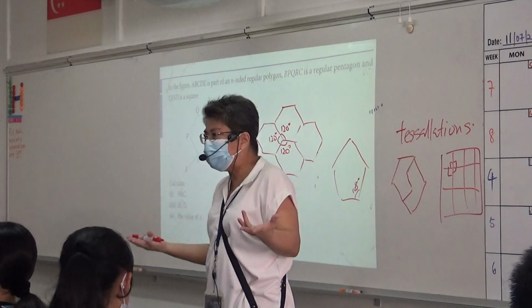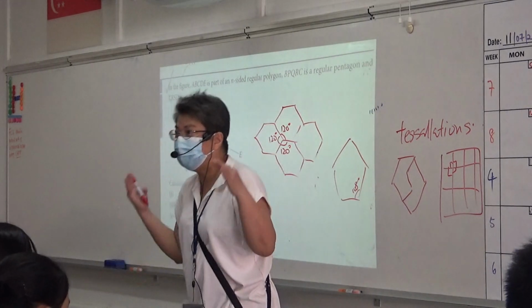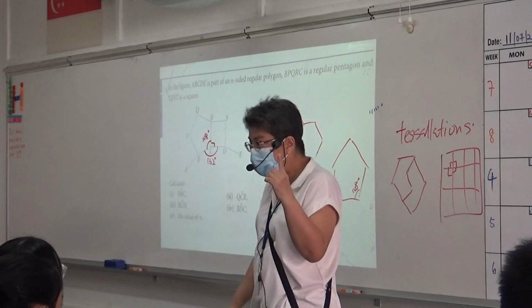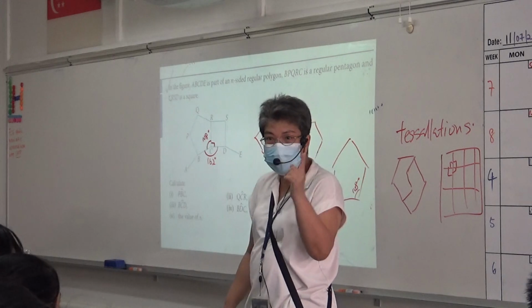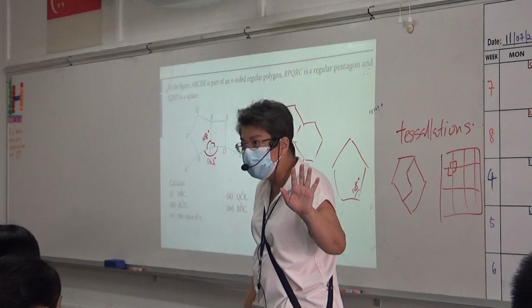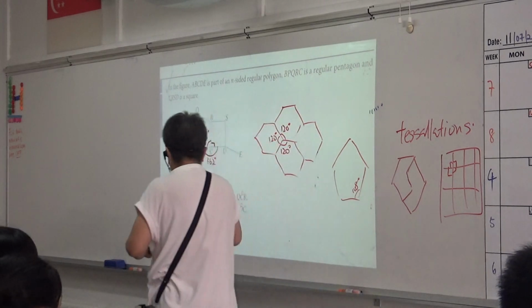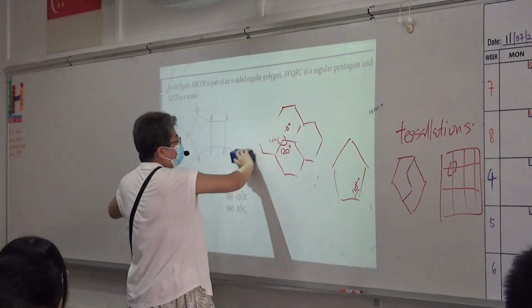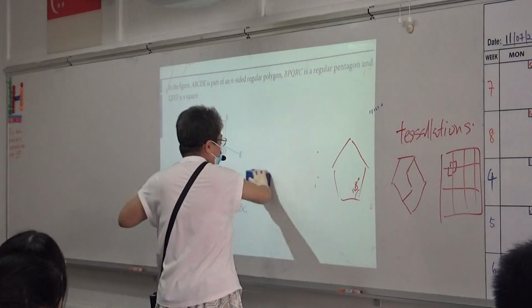If they add up to 360, then there's no gaps. If they don't add up to 360, then there will be gaps. Is that clear? Understand? Tessellation has no gaps. Understand what I'm talking about here? Yes or no? Okay. Alright. So this is about whether there's gap or there's no gap when you do tiling or tessellations.